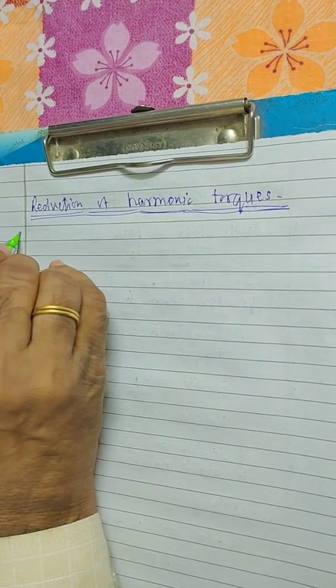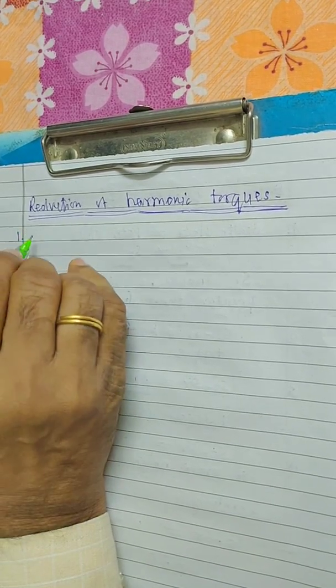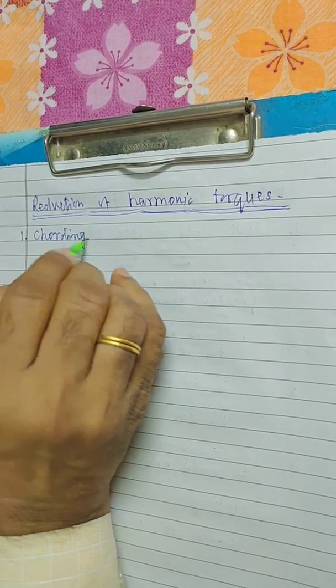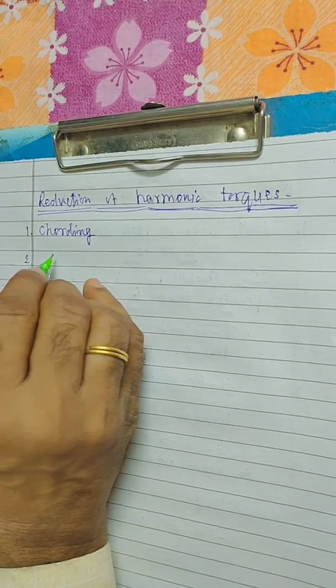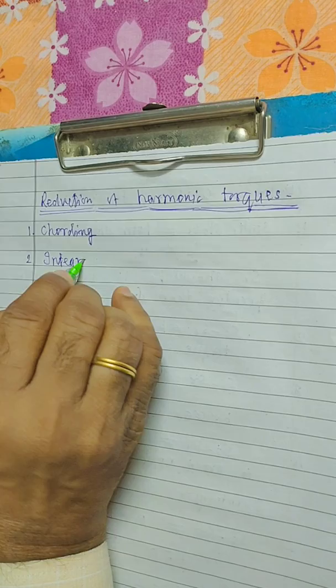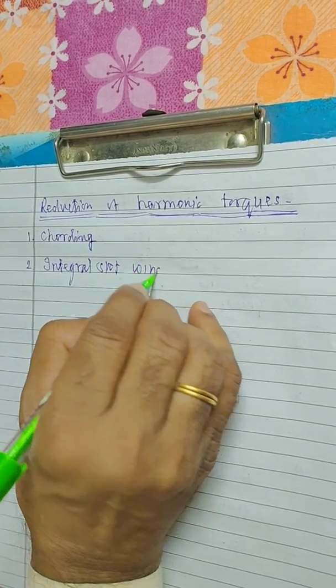These are the 4 methods. Number 1 method is chording of winding. Method number 2 is integral slot winding.